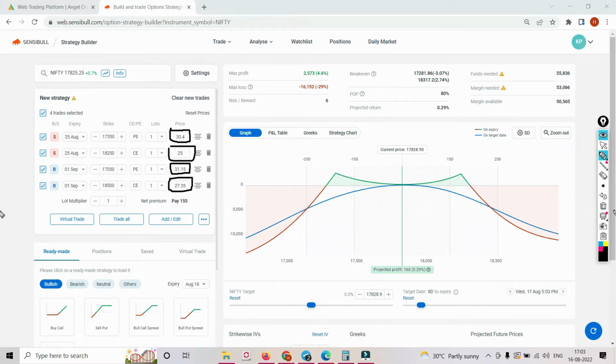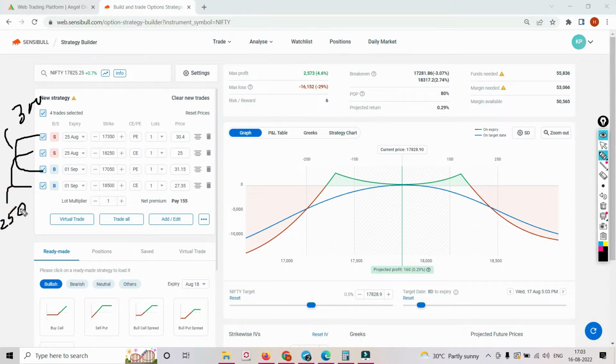Now what is the spread difference? 17,350 is the sold position, and the buy position we got is 17,050. The difference is 300 rupees, right? And for the call, the sold is 18,250 and the bought is 18,500. So this has a difference of 250.